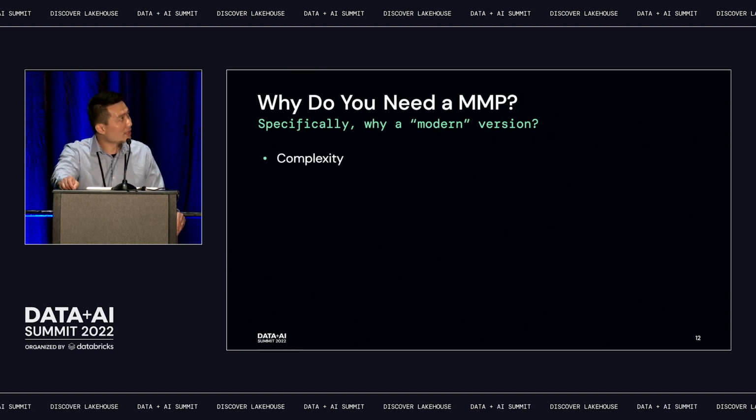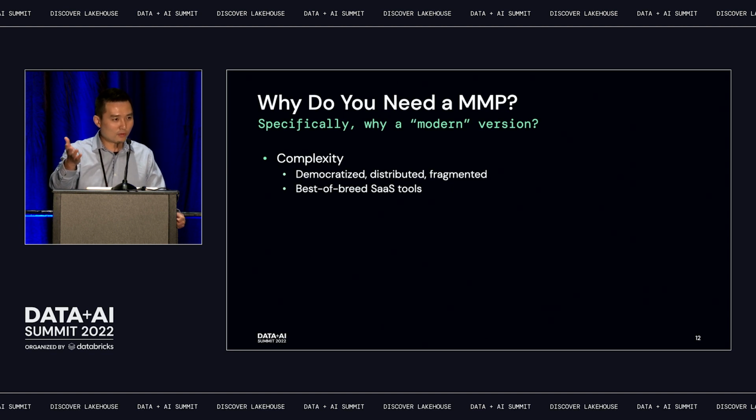The first reason why you need a quote-unquote modern version is because of complexity. And by that, I mean your data ecosystem is no longer one centralized piece that is used by a small number of people. Everything is about democratizing it. Everything is about distributing it. Everything is about becoming a lot more fragmented than before.